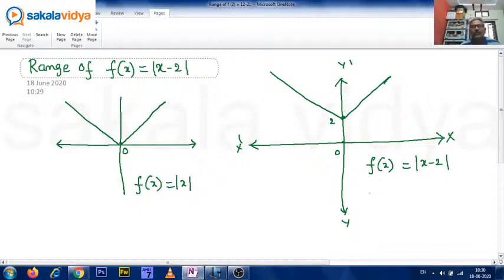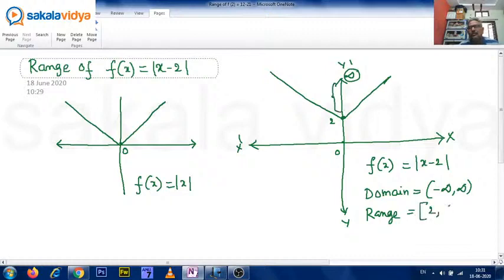So now the domain is, from here to here, minus infinity comma infinity. The range, that's very important. See the range, here to here. This is plus infinity, so it will be from here to here, that means closed 0 to infinity.